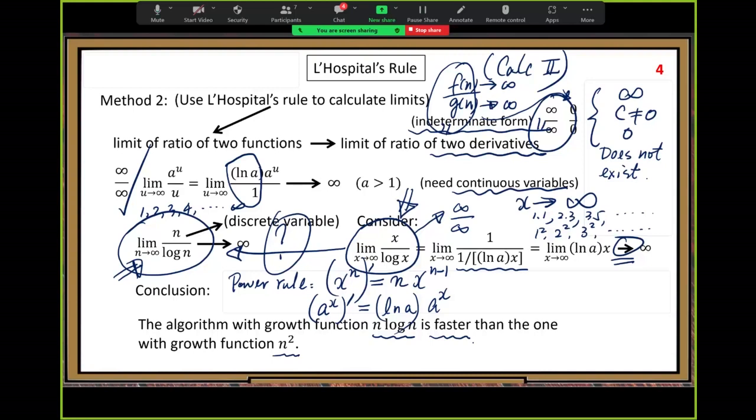All right, so now at this point, you know the concept of growth function, and you also know how to apply mathematical technique to compare the growth functions.